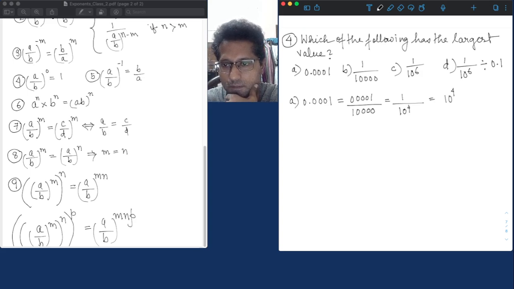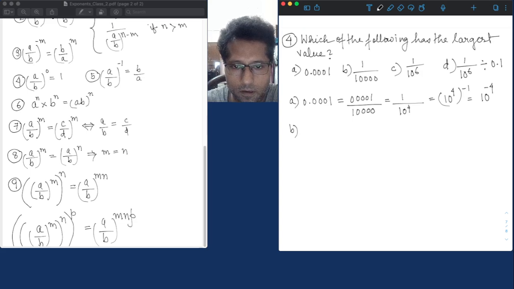The reciprocal of any number is denoted by power of minus 1, and this is equal to 10 to the power minus 4. Okay. What is B? B is 1 by 1,0,0,0. We have 4 zeros. Which of the following has the largest value? Okay.